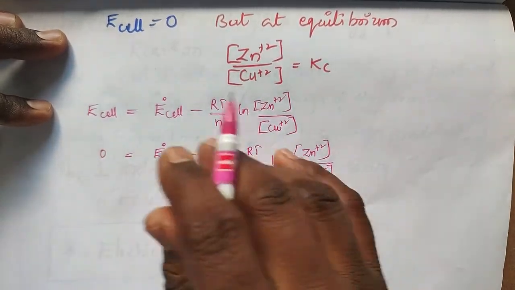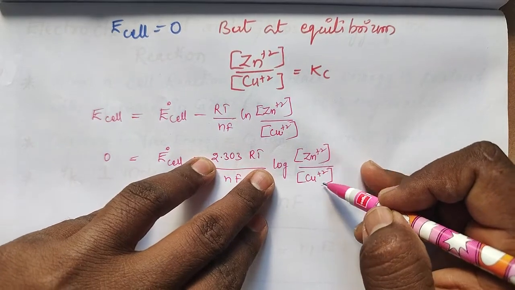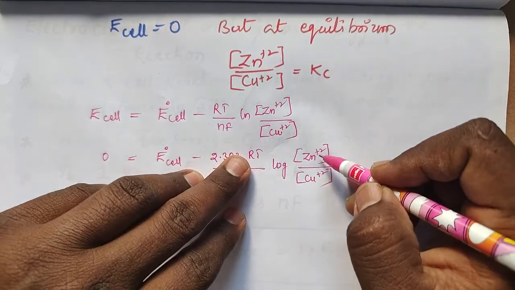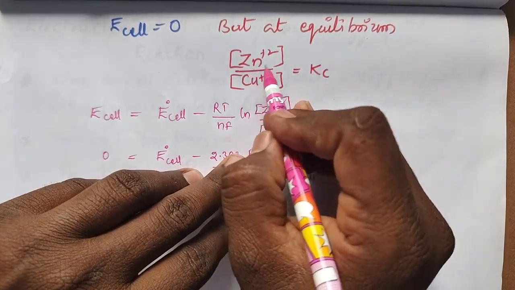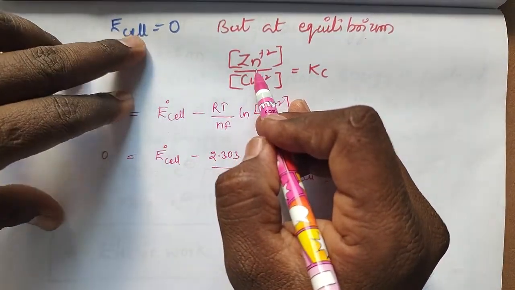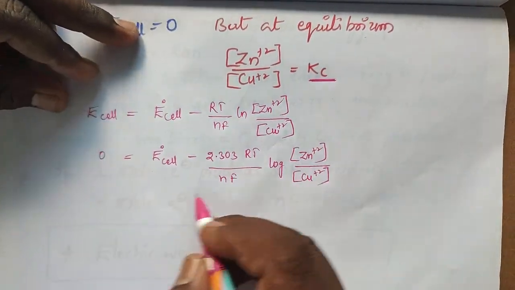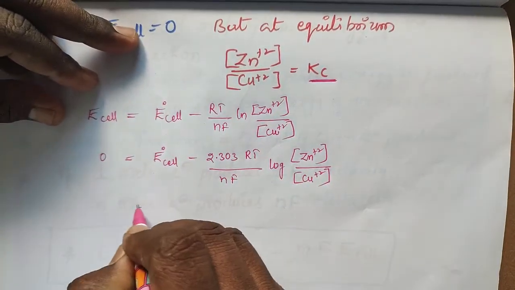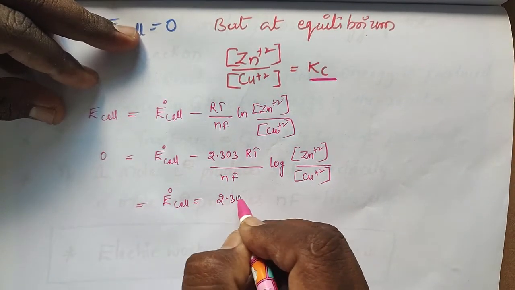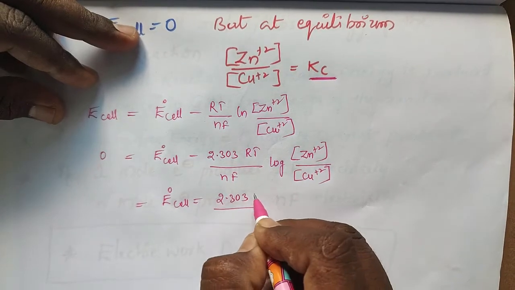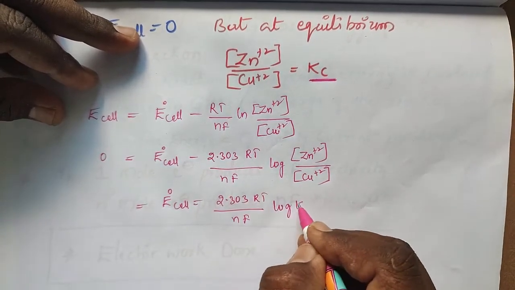At equilibrium there is no change in the concentrations at the anode and cathode, so the concentrations are constant. So we introduce the equilibrium constant Kc. Here E naught cell equals 2.303 RT by nF log Kc.